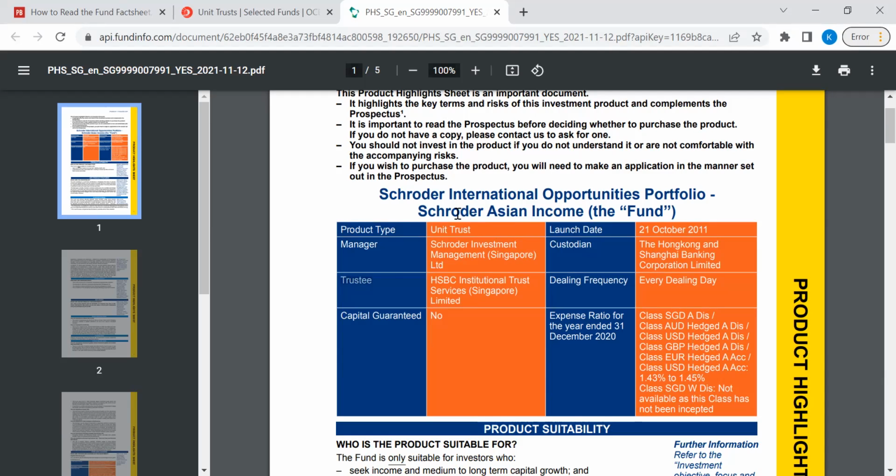So if you are supposed to focus on the Asian continent and on investing in income producing assets, HSBC has to make sure that Schroder does what they say they are going to do. Because you cannot have a case where you tell your investor you are doing A, but then you are doing B, right?